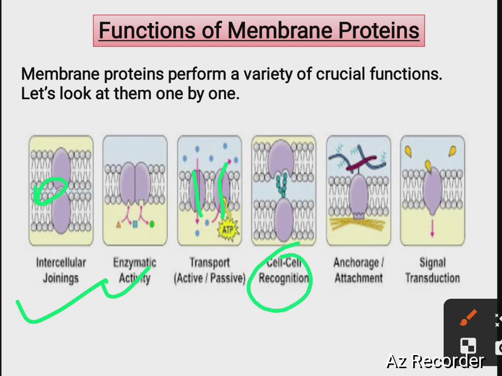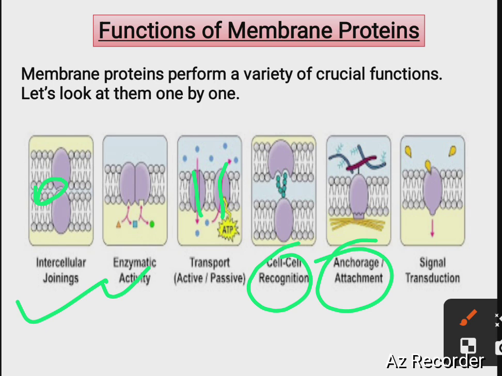Then anchorage or attachment. Some proteins anchor the cytoskeleton inside to the extracellular matrix outside, stabilizing the cell's shape. That is the function of anchorage or attachment.